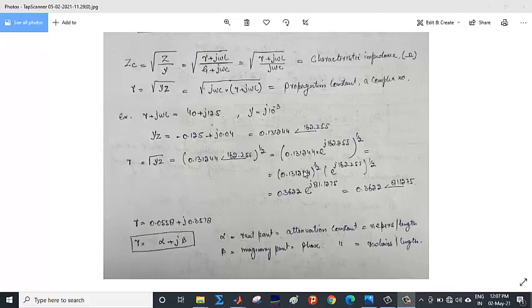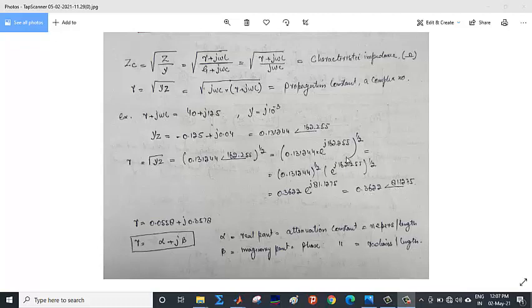Taking the square root of the magnitude, it comes out to be 0.3622, and for the angle, the powers get multiplied, so it will be 162.255 divided by 2, which is 81.1275. So it comes out to be 0.3622 at an angle of 81.1275.